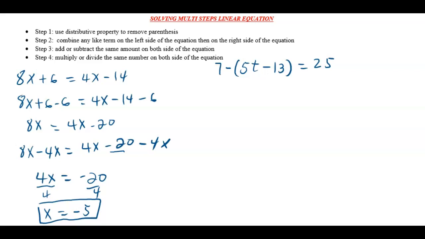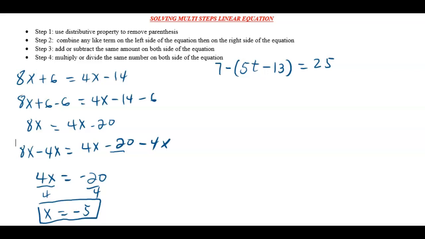So we have to apply the distributive property. Now, there is not a number, but there is a negative sign here. So that's like -1. When there is nothing in front of the parentheses, it's a 1. So pretend that this is a -1.